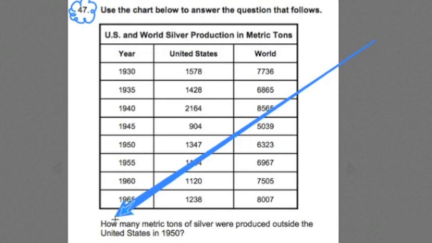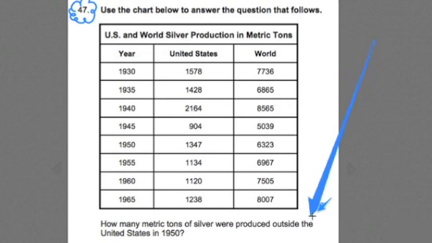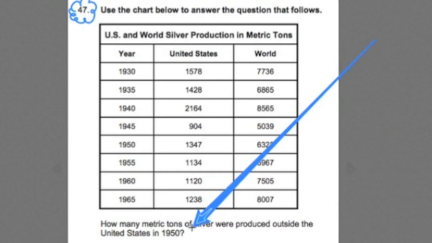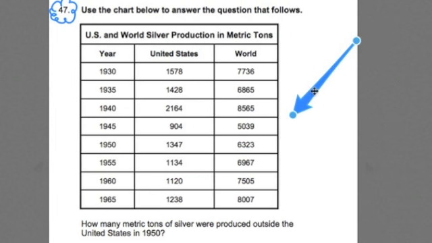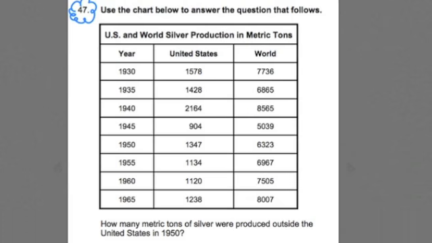And it says, how many metric tons of silver were produced outside the United States in 1950? Well, when I think about that, the first thing I want to do is look right to 1950 and look at the production that was going on in the world and the United States.